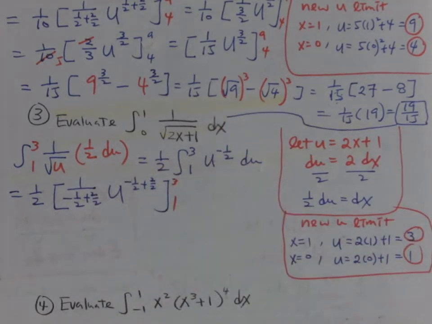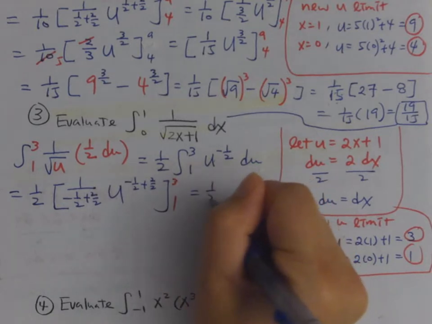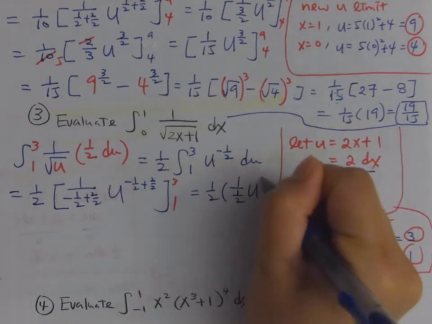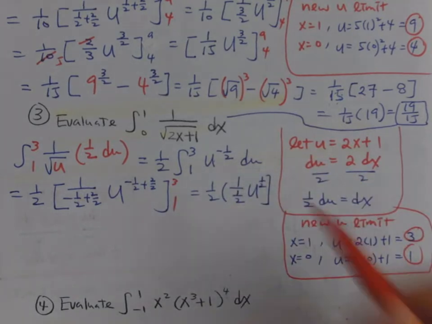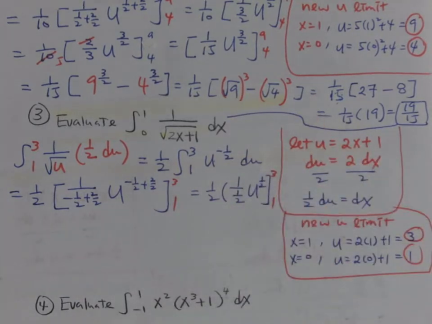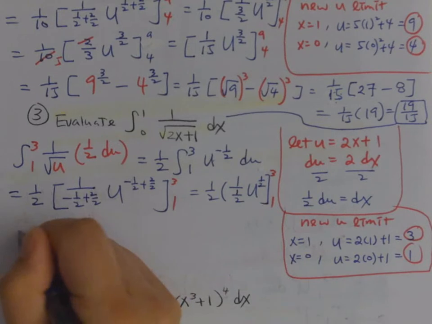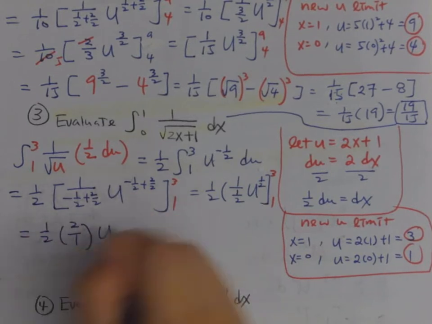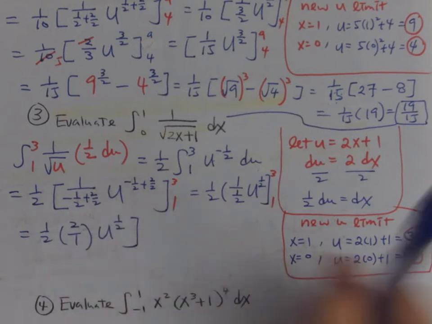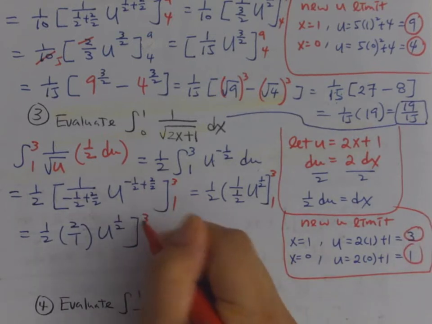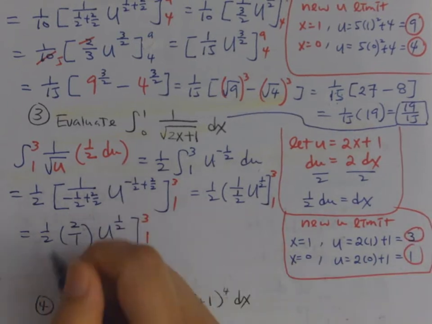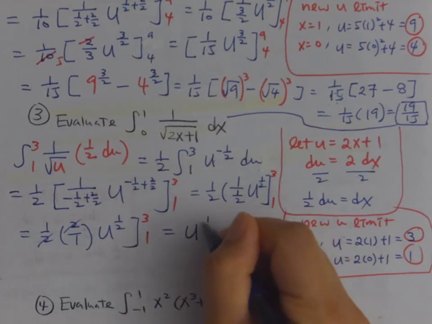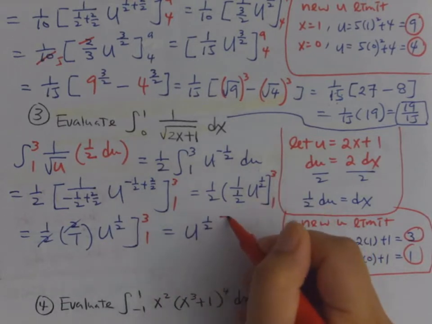Okay, clean that up. 1/2, this is 1 over 1/2, u to the 1/2, right? Alright, so flip that. So this is going to be 1/2 times 2/1, u raised to 1/2 power, and then we will have to plug it in, reduce that. So basically we only have u to the 1/2 power to plug in, right?